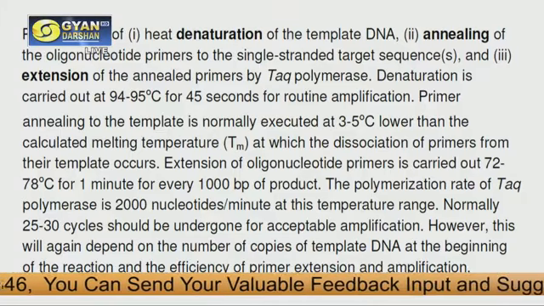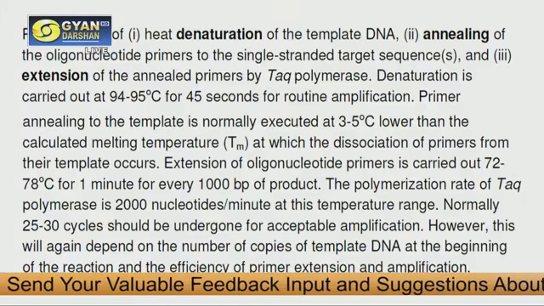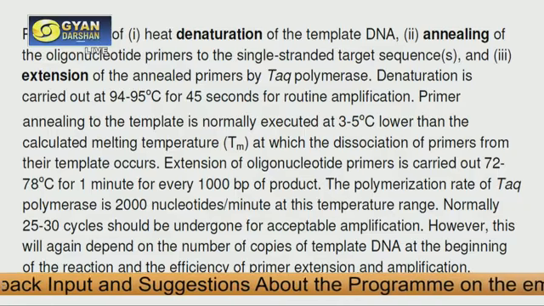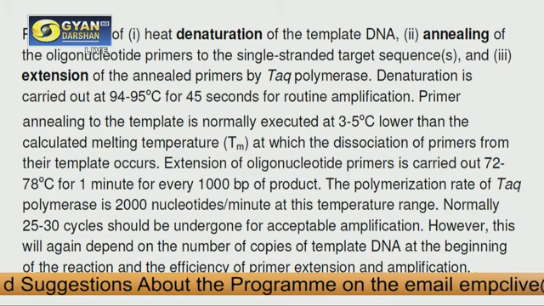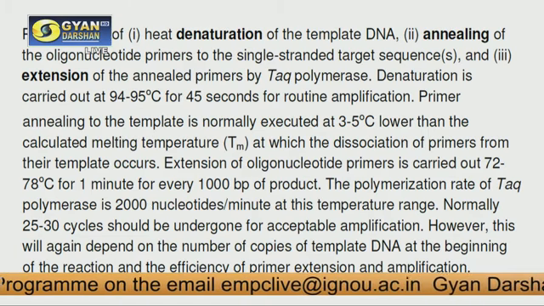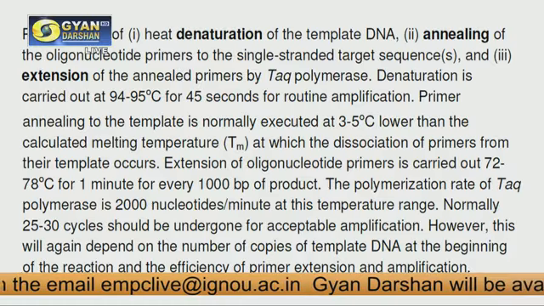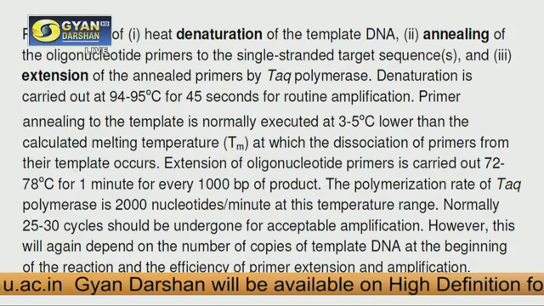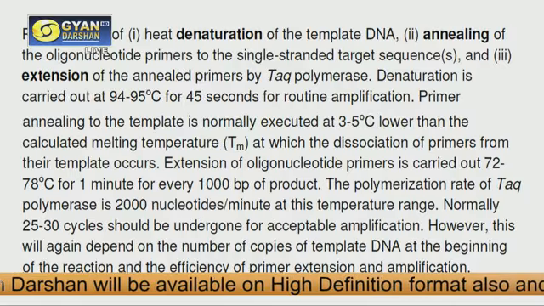Next, extension. Extension is carried out at 72 to 78 degrees centigrade for 1 minute for every 1000 base pair of the product. The polymerization rate of Taq polymerase is 2000 nucleotides per minute at this temperature range. Normally, how many cycles do we need to carry out? 25 to 30 cycles. It is recommended 30 cycles.